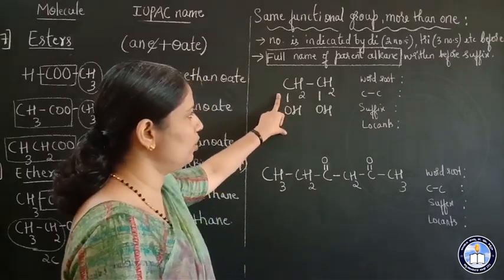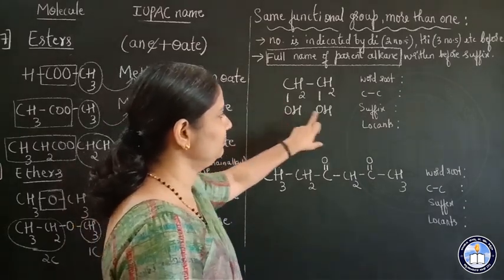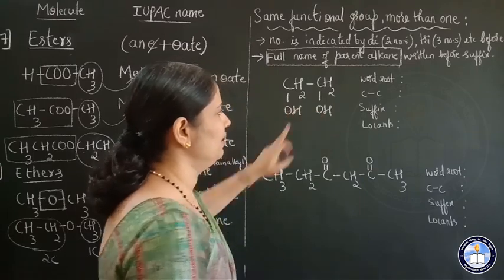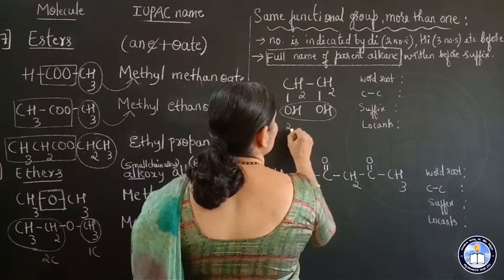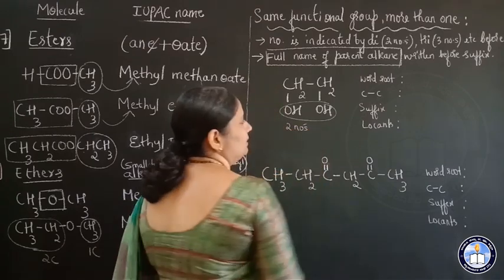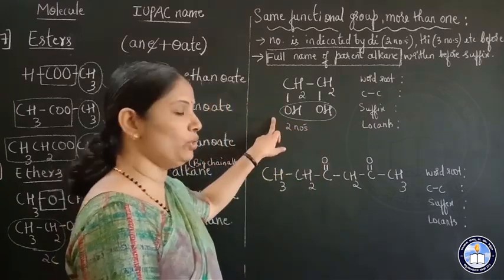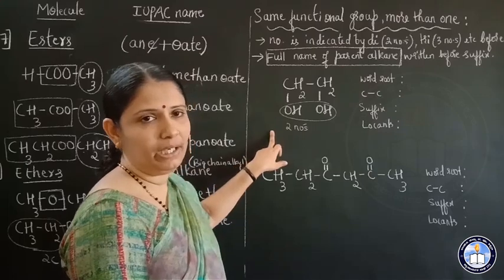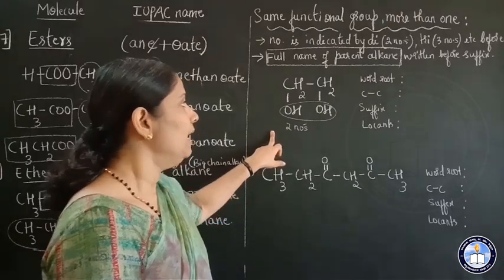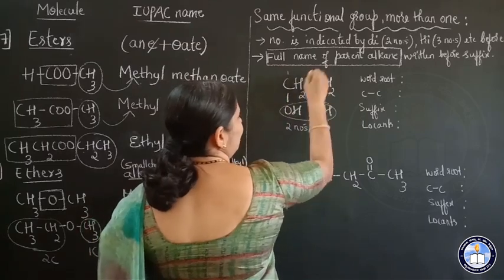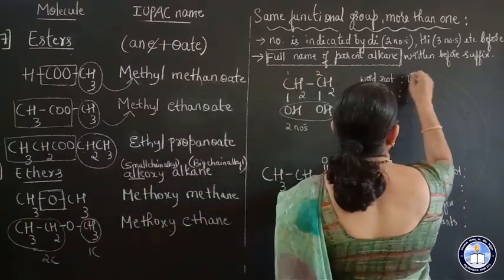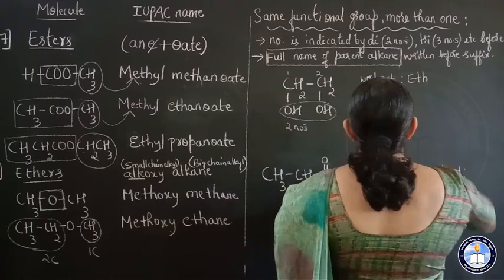See here, this organic compound, same functional group, isn't it? 2 numbers. Same functional group, OH group, it is present in 2 numbers. Now, how many carbon atoms are there here? 2 carbon atoms. So, word root is eth.